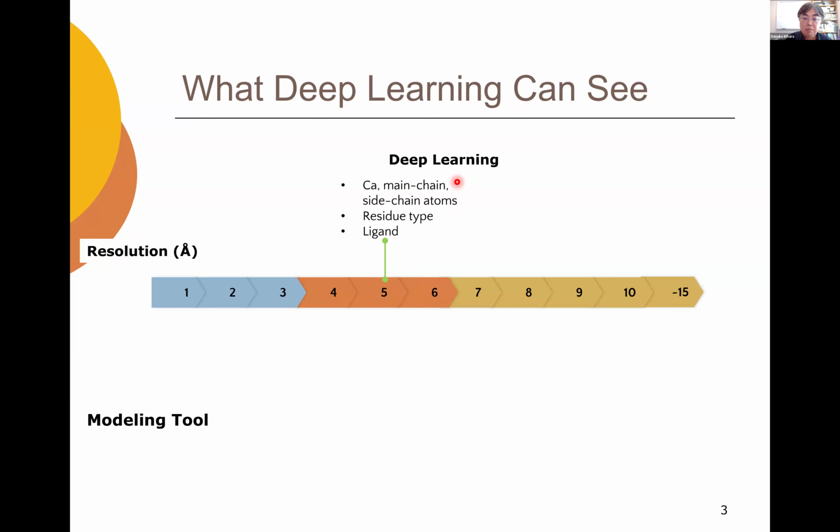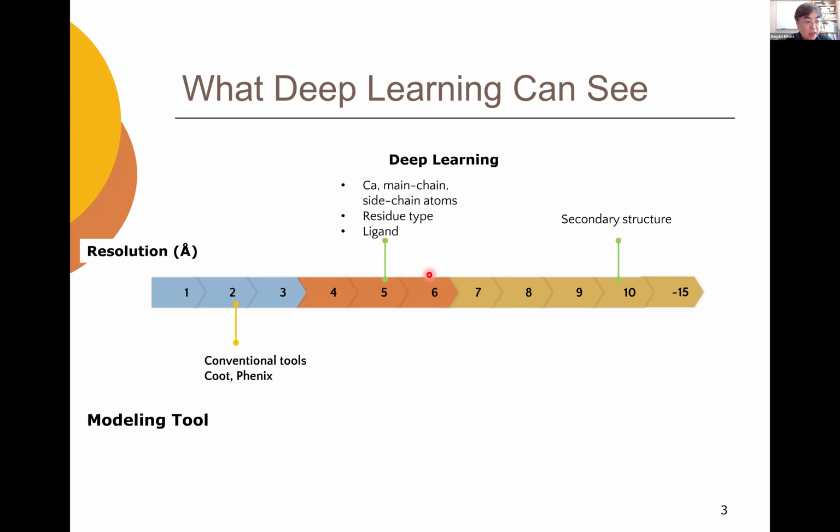So by applying deep learning, we gain about 1 to 2 angstrom. At 2 to 3 angstrom, you can do the modeling without much problem using the conventional tools. But if you use deep learning based tools, you can gain about 2 angstrom and facilitate the modeling. Up to 10 angstrom, you can see the secondary structures.